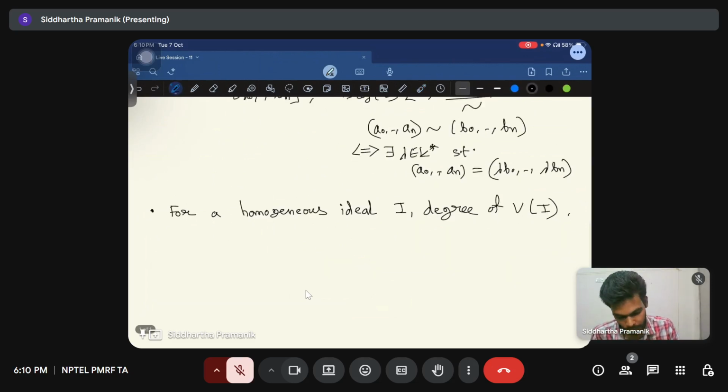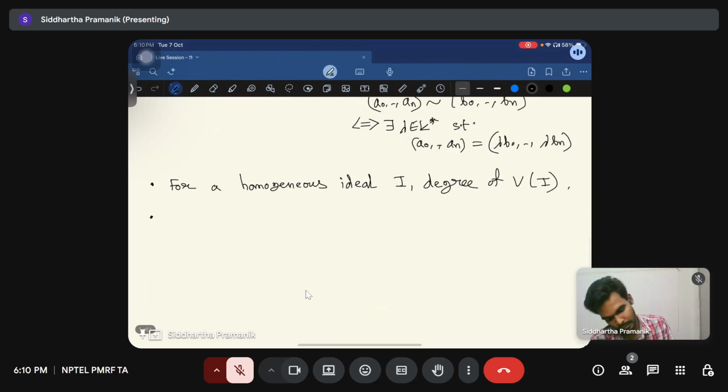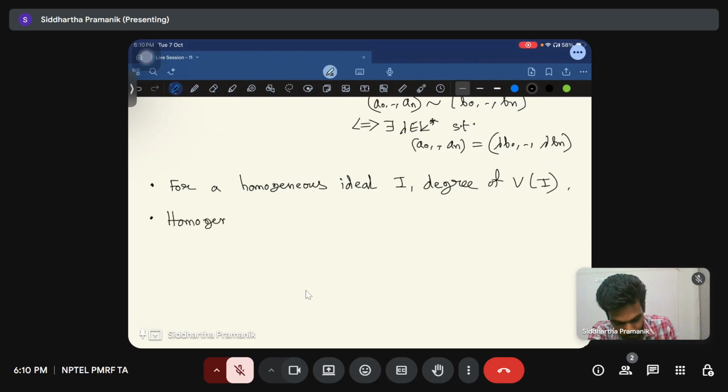After that, we defined some new terminologies: for a non-homogeneous ideal or non-homogeneous polynomial, how to get a homogeneous polynomial. This is homogenization, and also the reverse methodology, dehomogenization.